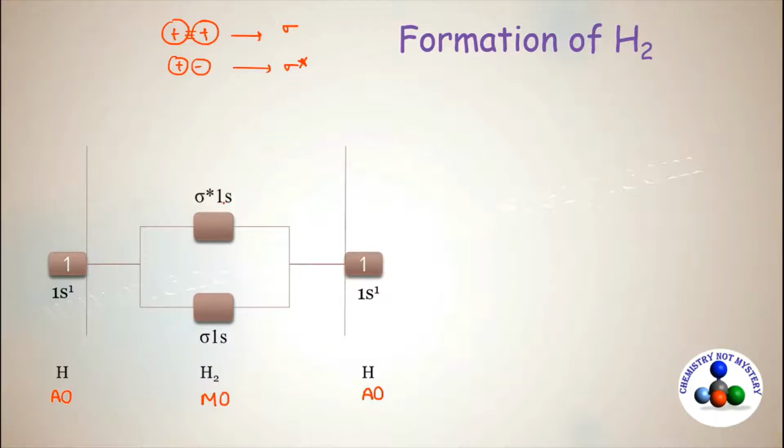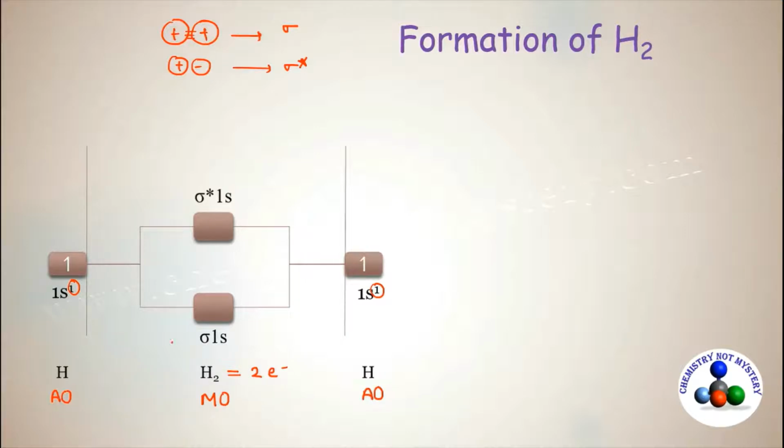So let's see how we fill electrons in these molecular orbitals. First of all, you have to calculate the total number of electrons present in the H2 molecule. There is one electron in one hydrogen and one electron in the other hydrogen. That means there will be a total of 2 electrons in the H2 molecule. Now fill the electrons according to the Aufbau principle. That means first of all you have to fill electrons in the lower energy molecular orbital.